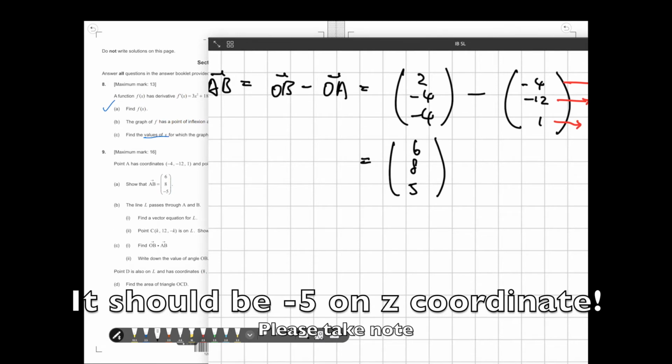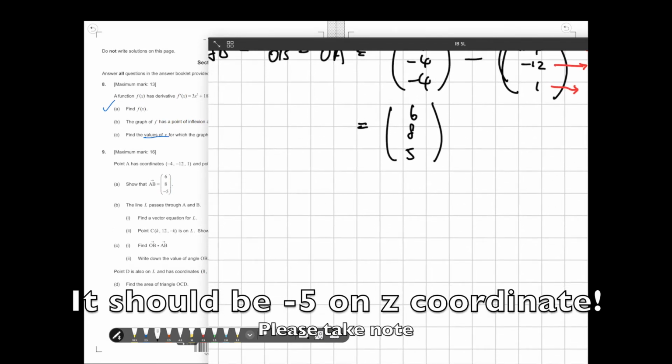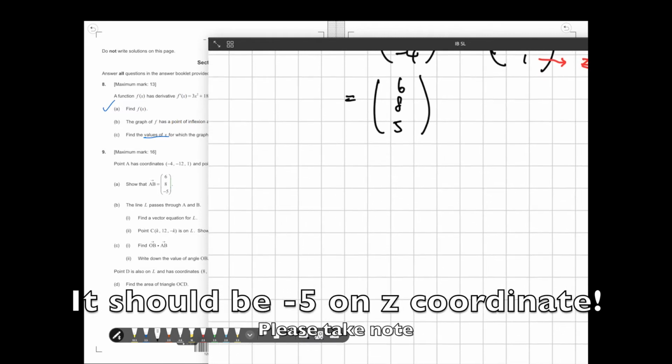For part B, the line L passes through A and B. So now we have to deal with a 3D diagram.